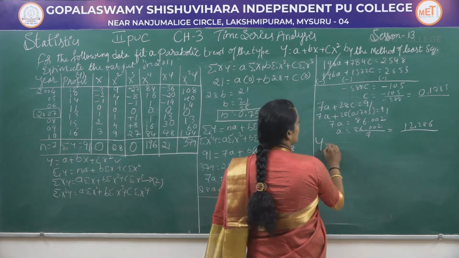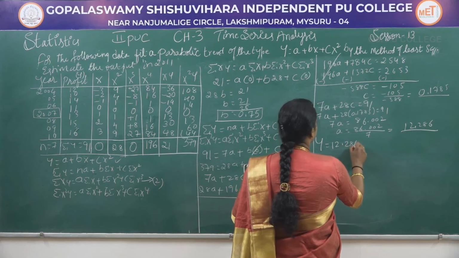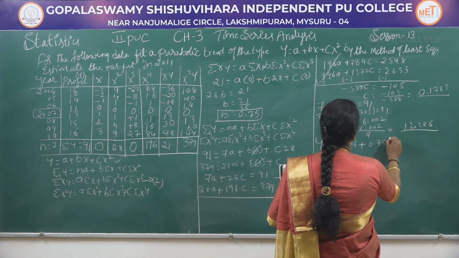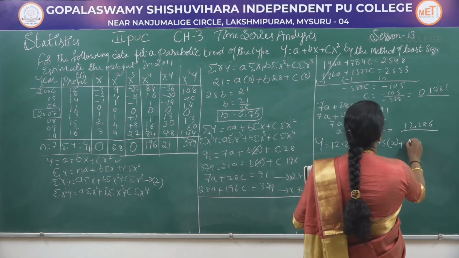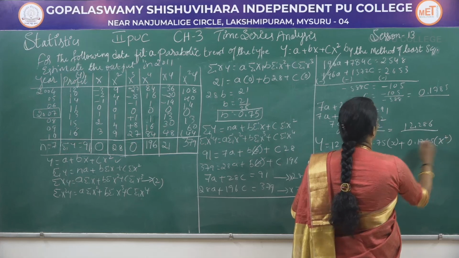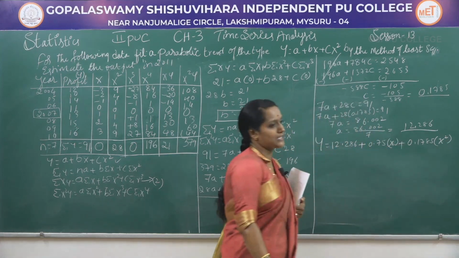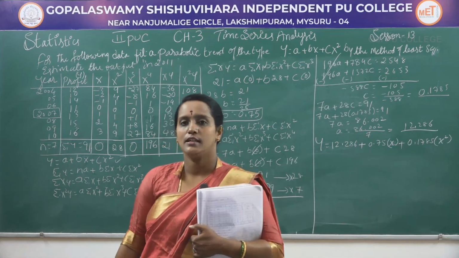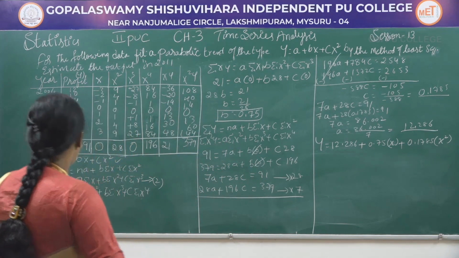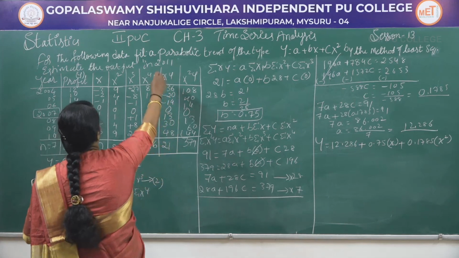So y is equal to 12.286 plus 0.75 into x plus 0.1785 into x square. This is our second order equation. After this, next we have to estimate the output for 2011.